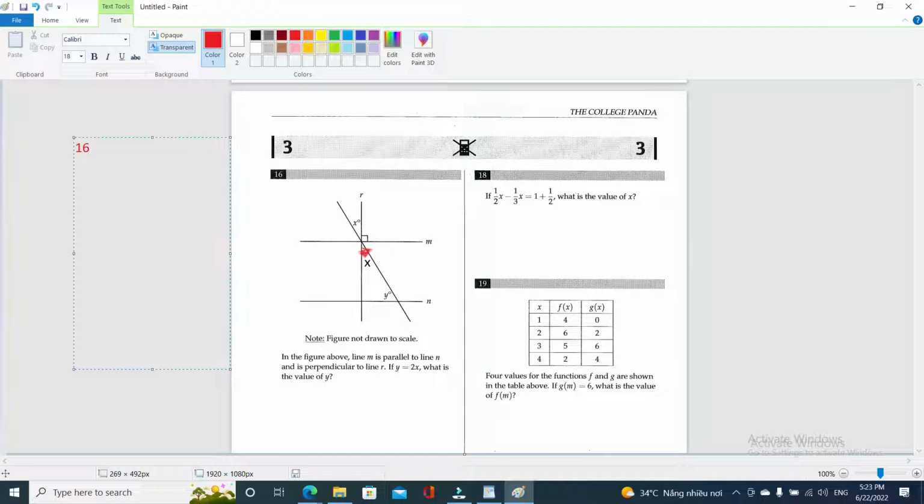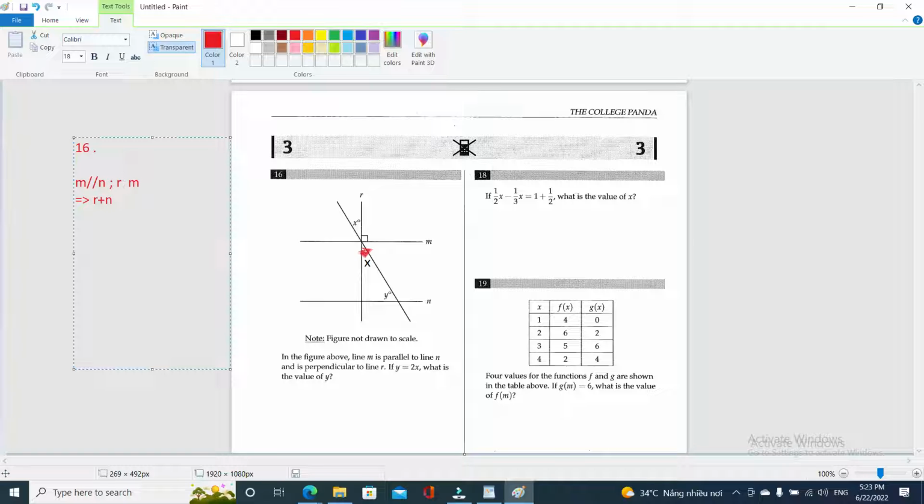Because m is parallel to n, and at the same time r is perpendicular to n, therefore r is also perpendicular to m, right? Oh, this should be m. So r is perpendicular to m.